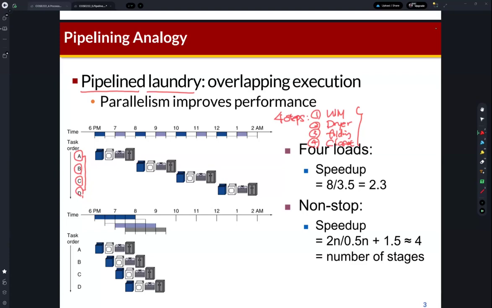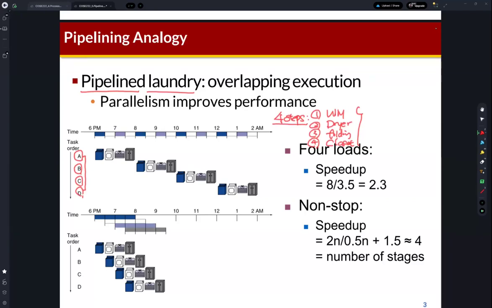And also there are multiple tasks, which means we have many clothings, right? So you need to perform this laundry process for multiple clothings, the multiple tasks. Let us assume that each step takes 30 minutes, a half hour.